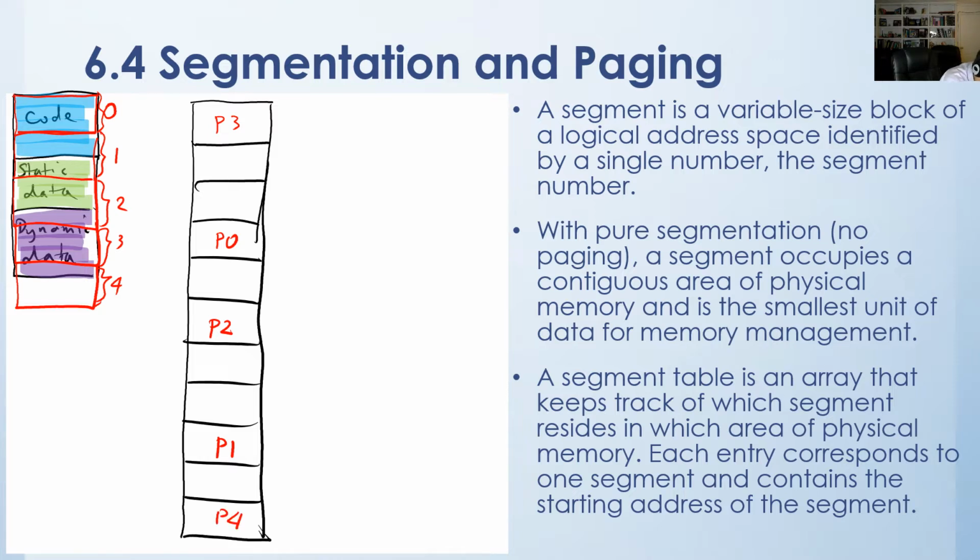So I find the 5 frames over here. Basically I map page 0 to this, page 1 to this, page 2 to here, page 3 over here, and page 4 at the bottom.